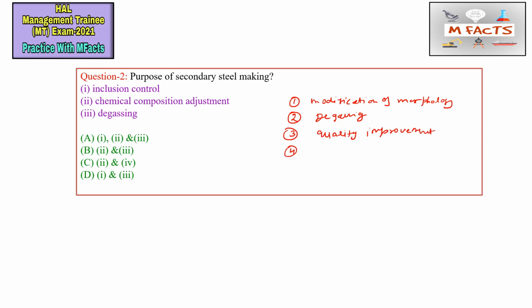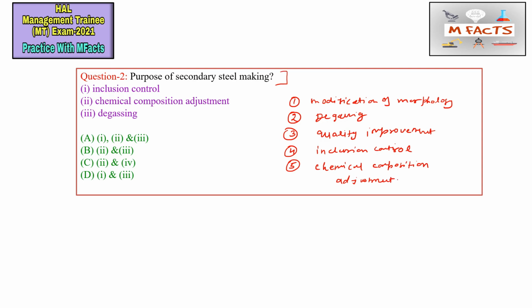The fourth one is inclusion control, in which we treat the steel with synthetic slags, and we do inclusion control by those processes. The fifth one is chemical composition adjustment, which is also done by secondary steel making. So this is a very important part of steel making, that is, secondary steel making.